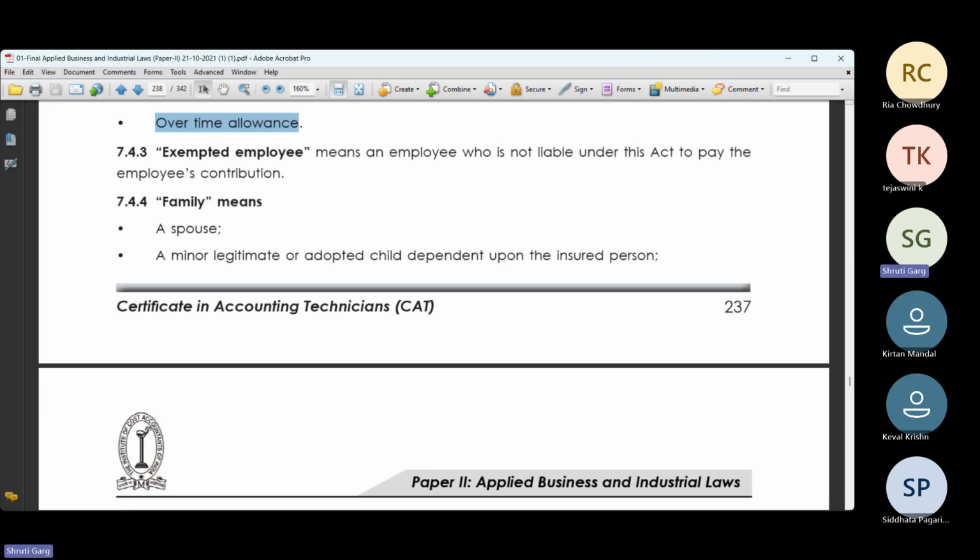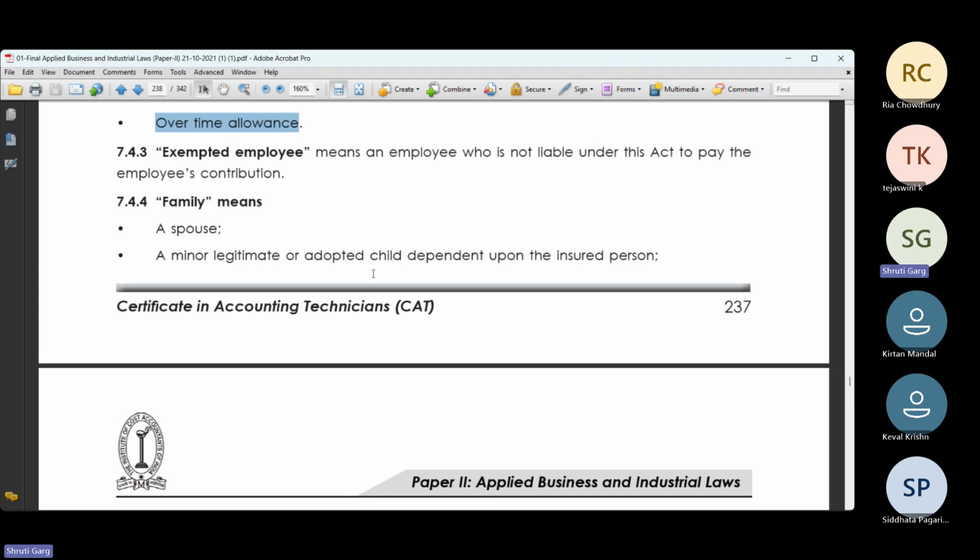Okay, so let's start again. Family. As I told you, this act is made to cover the employee and their family members for some unseen medical emergency, right?